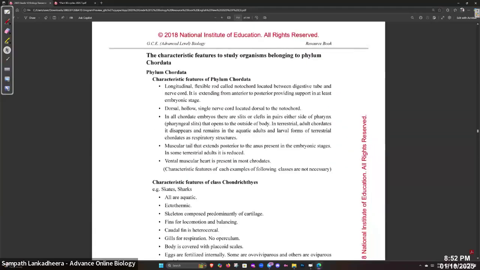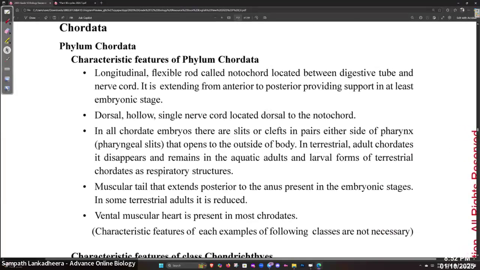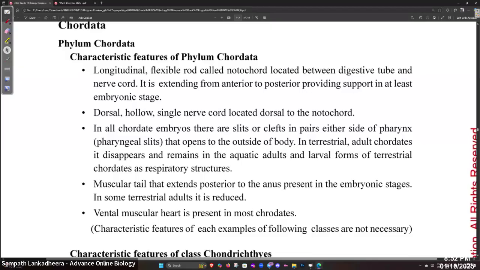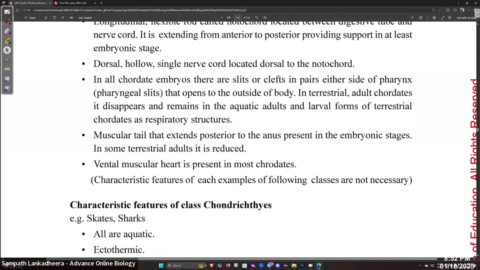Look at this. A longitudinal flexible rod called notochord is present, extending from the anterior to posterior, providing support at least in the embryonic stage. Dorsal hollow single nerve cord located dorsal to the notochord. In all chordate embryos, there are slits or clefts in pairs on either side of the pharynx that open to the outside of the body.